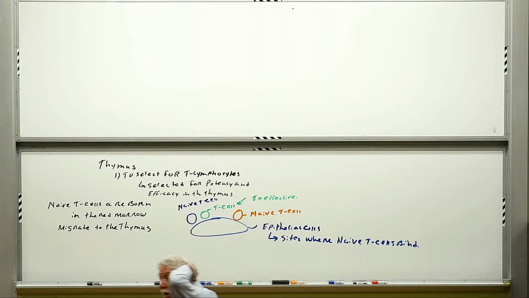So when you're saying naive T cells, that's basically a T cell that hasn't been selected yet? A naive T cell is one that hasn't been selected. It's naive because it has not seen foreign proteins. And once it's selected, then it will be a T cell? You're right in the sense that when it leaves the thymus, it's still going to be a naive T cell. It hasn't seen foreign protein yet.